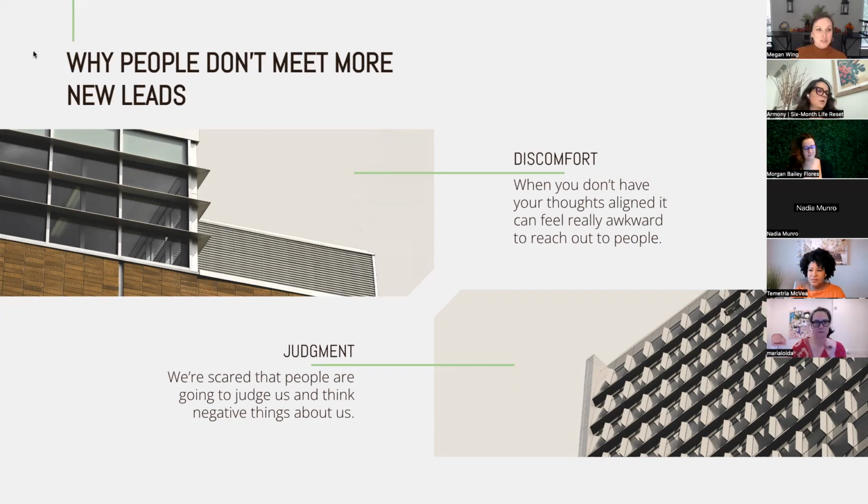One of the things I have seen is that people don't meet more people because they feel weird. They feel uncomfortable talking to people, especially in the online space. If I know all of you, if I were to put any of you in a room, you would be the life of the party, just chatting with people.